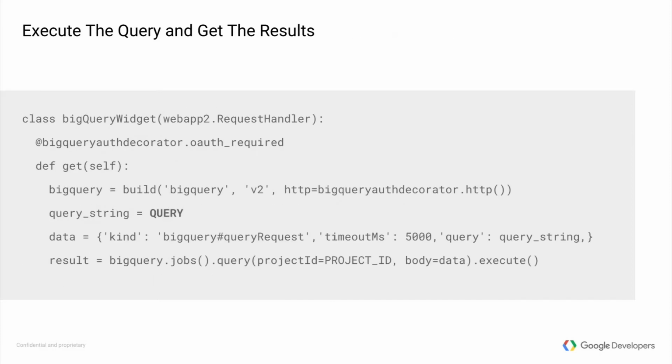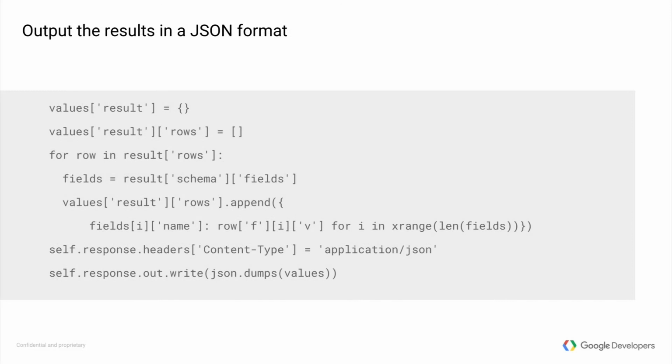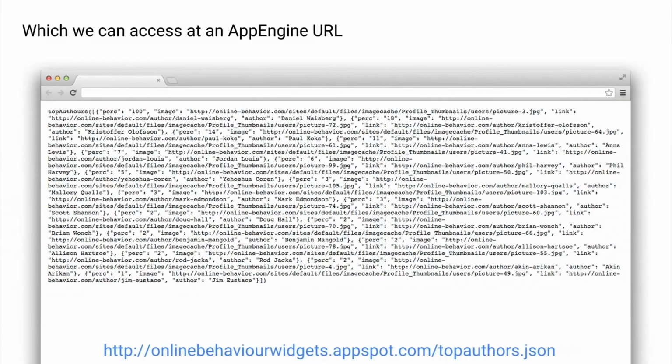And then we're going to create a class that is connecting to BigQuery. You can see I've written query here, so you can imagine that's got a string that holds your actual SQL query. And we're going to output the results into a JSON format. And that's going to give us something that looks like that.